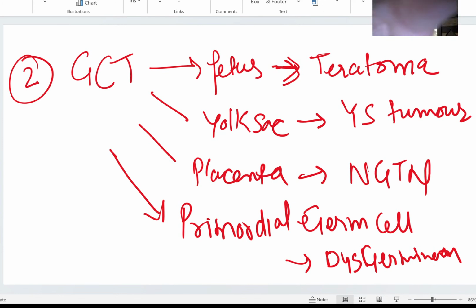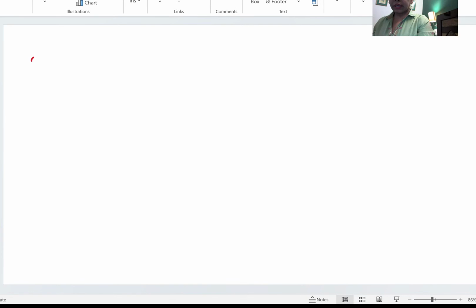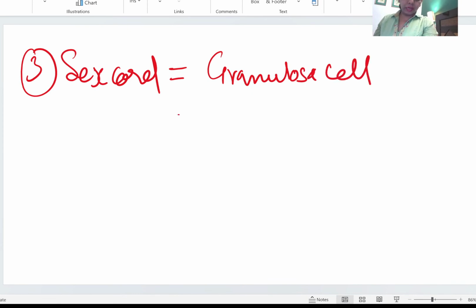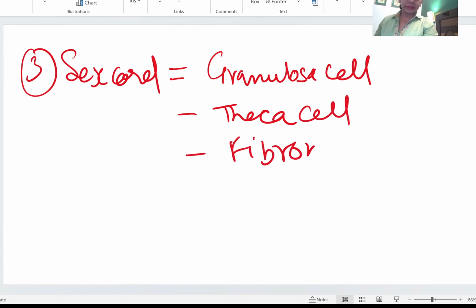The third classification is sex cord tumor. Here the follicle gets tumorous, so it can be granulosa cell tumor, theca cell tumor, fibroma, and Sertoli-Leydig cell tumor.